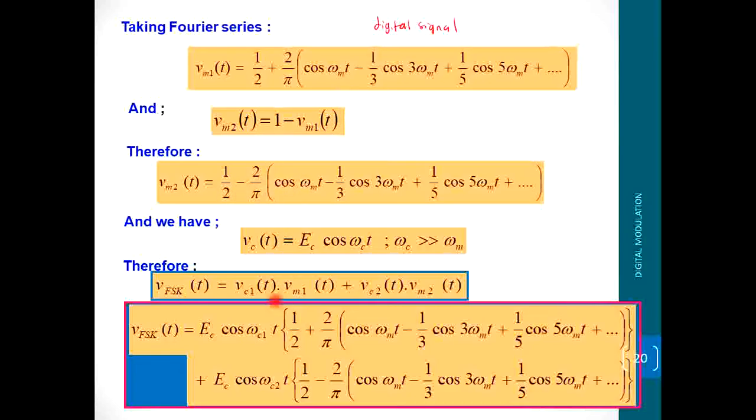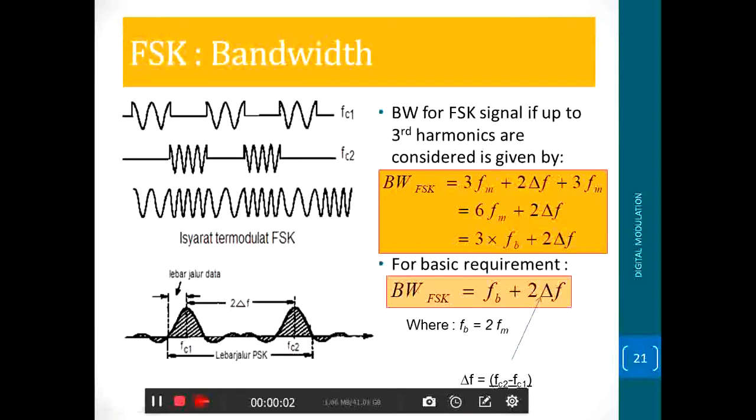We multiply by the carrier frequency with f1 and f2. So we have vfsk, which is the long equation like this.